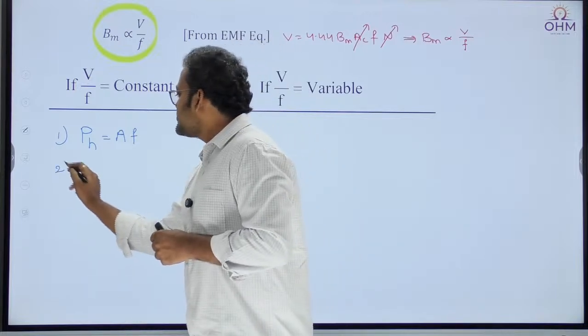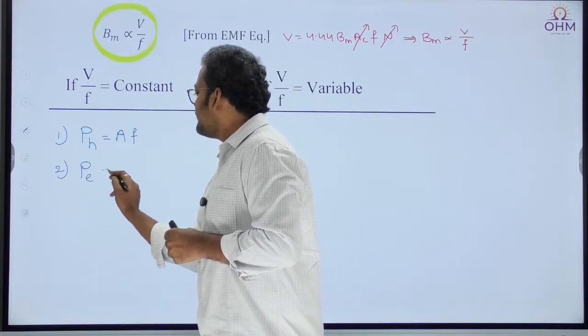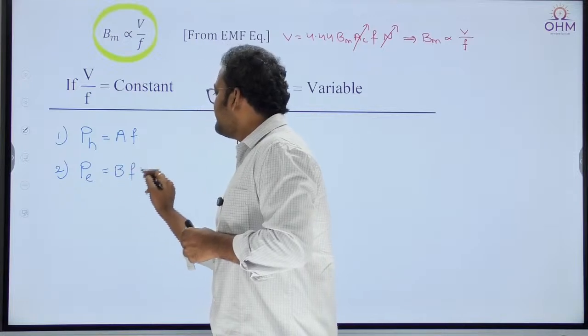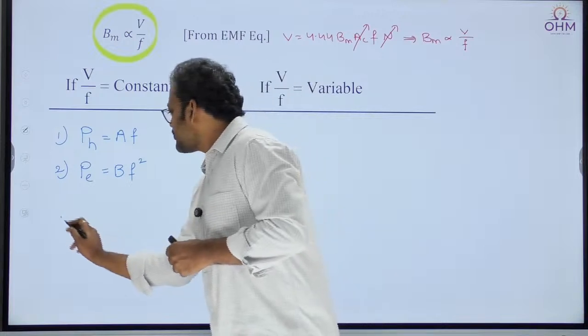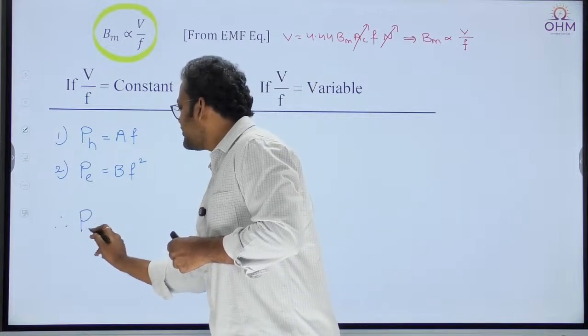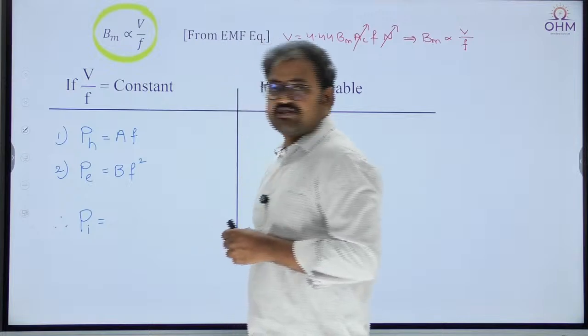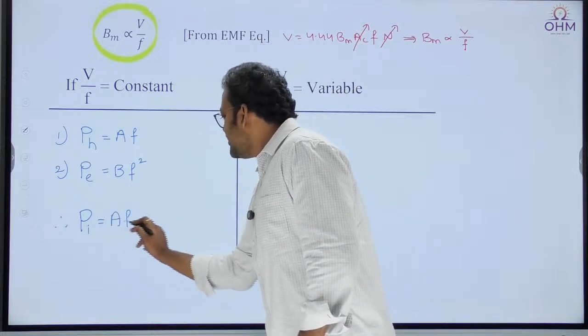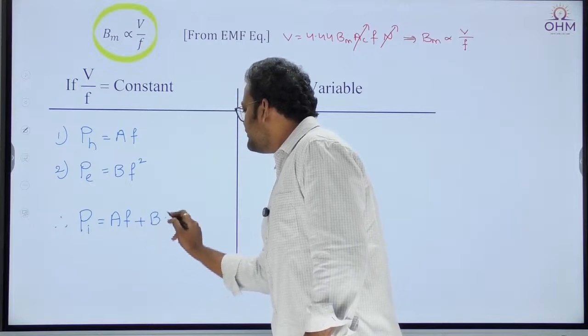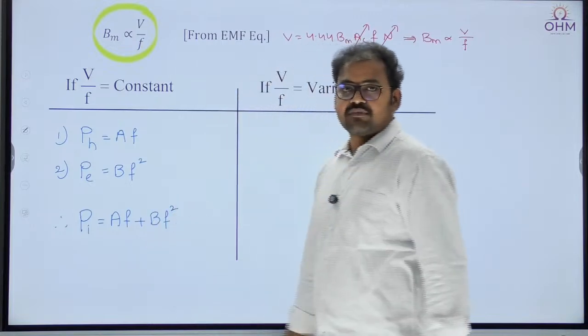And eddy current loss will be equal to B into F square, where B is a proportionality constant. Therefore, what is the total iron loss? Iron loss is the sum of hysteresis loss and eddy current loss. Therefore, the iron loss will be A into F plus B into F square.